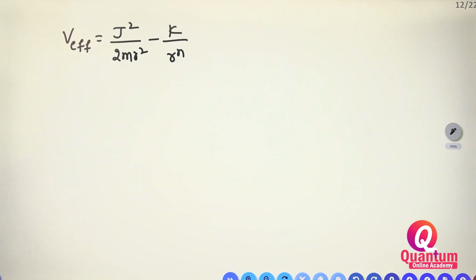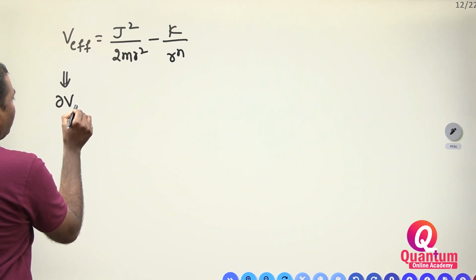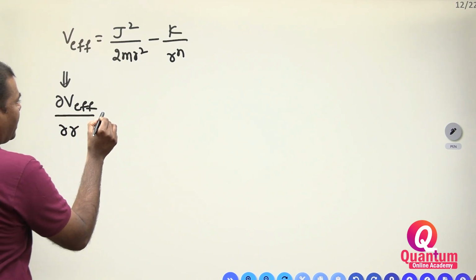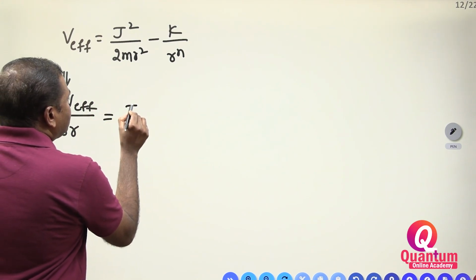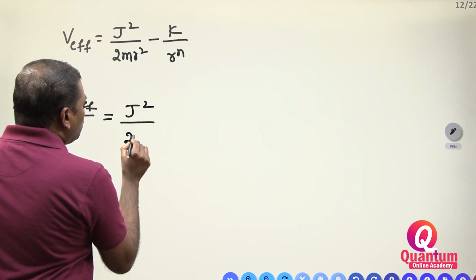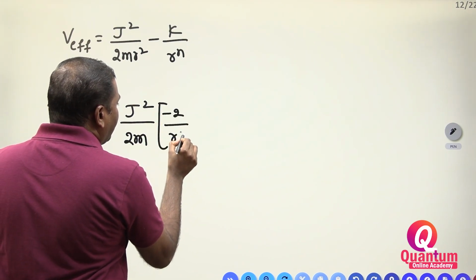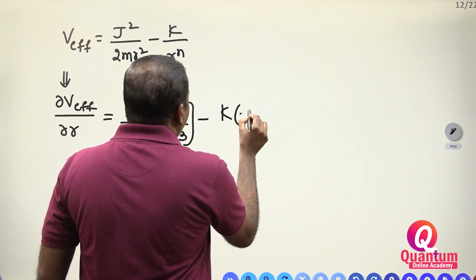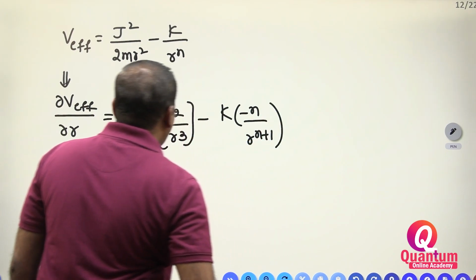First we calculate the first derivative, ∂V effective by ∂r. J square by 2m is a constant, so we get minus 2 divided by r cube, minus K divided by minus n divided by r to the power of n plus 1.